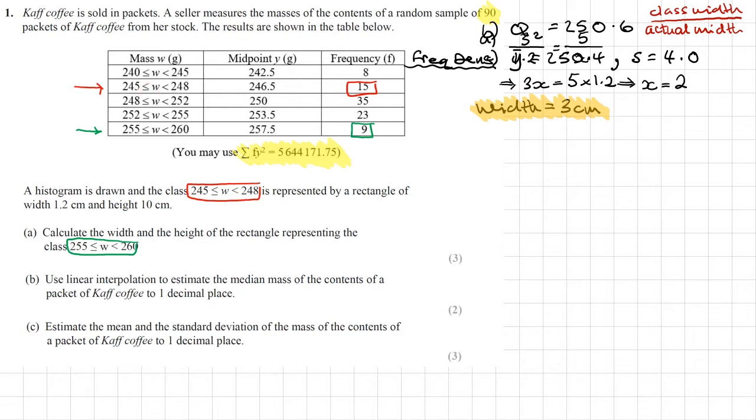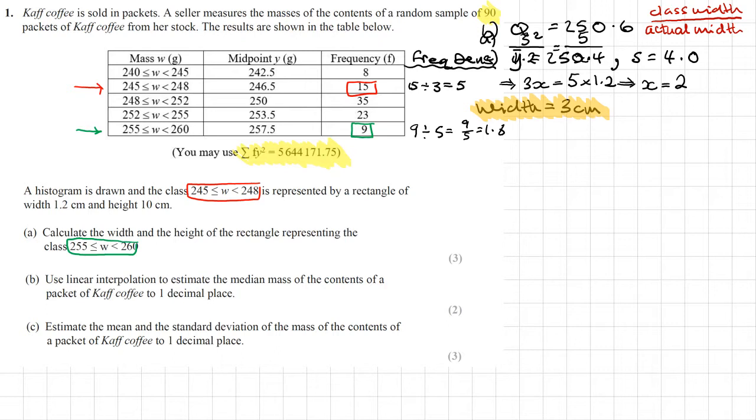So for this one, 15 divided by 3 gives a frequency density of 5. For the bottom one, I've got a frequency of 9 divided by 5, so I'll leave that as 9 over 5. Let's see if that gives me a nice decimal I can use. Yes, 1.8, so we'll use 1.8.